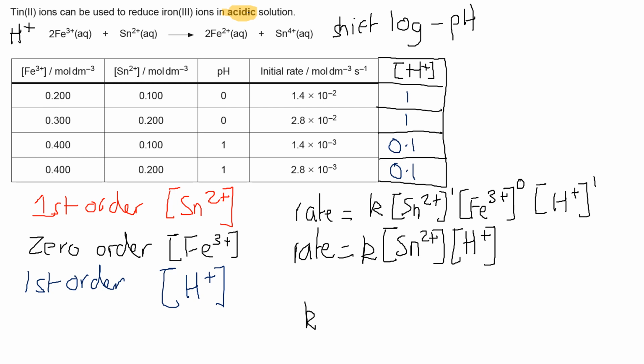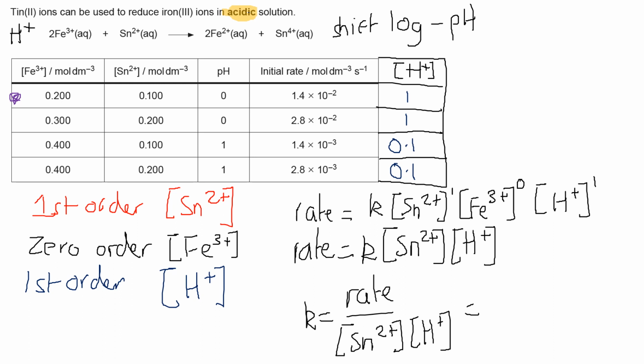And therefore k equals rate divided by the concentration of the Sn2+ times the concentration of the H+. And at this stage, plug the numbers in. I'm just going to pick experiment 1. So that's these numbers here. Well, rate is 1.4 times 10 to the minus 2.